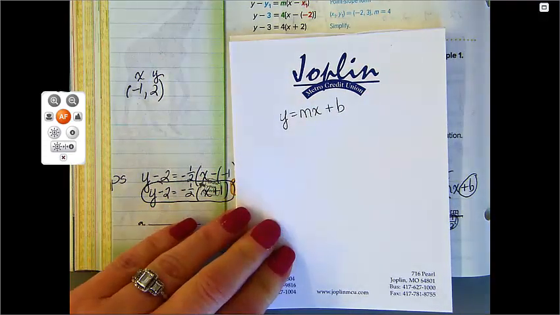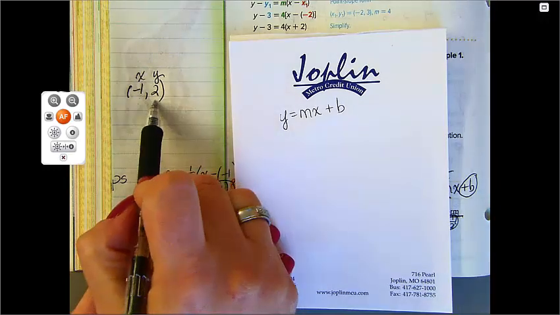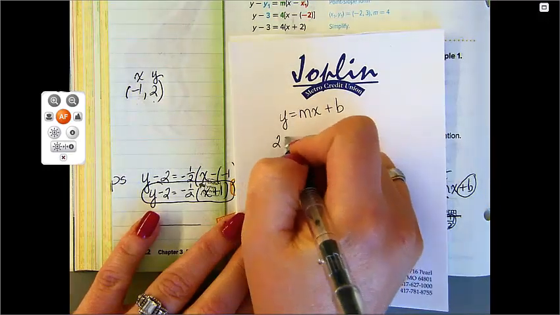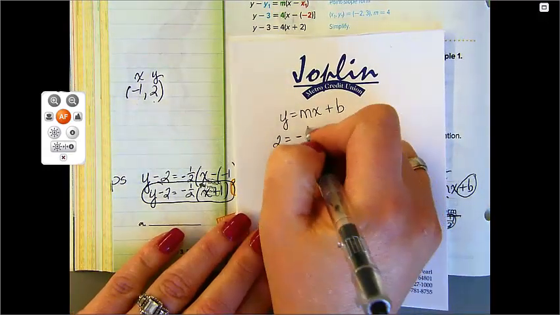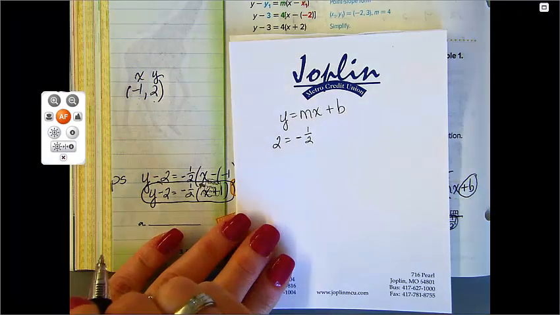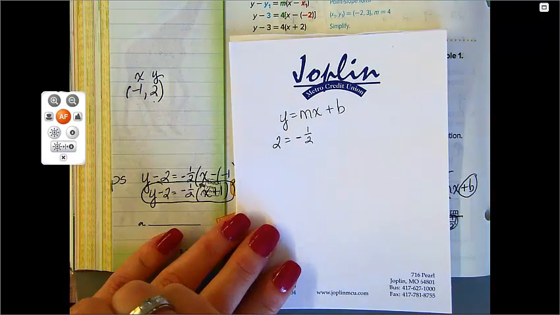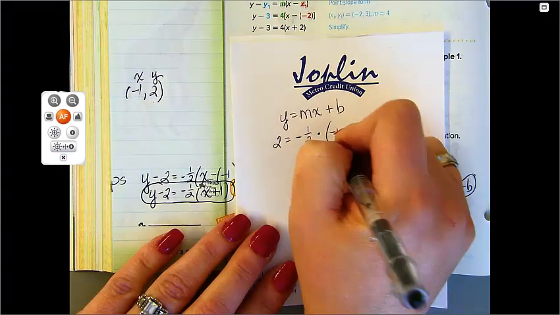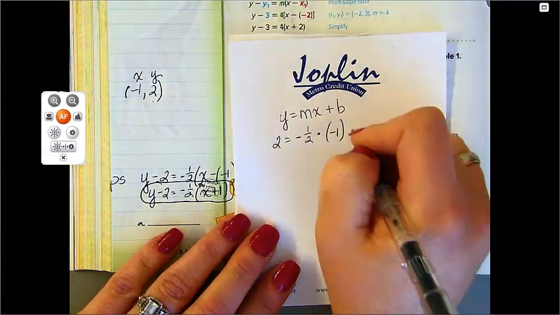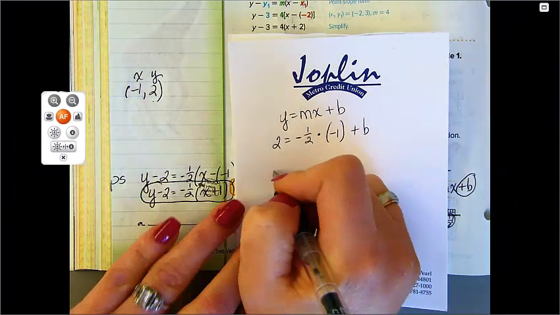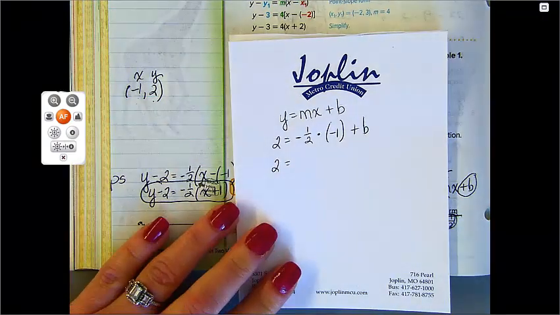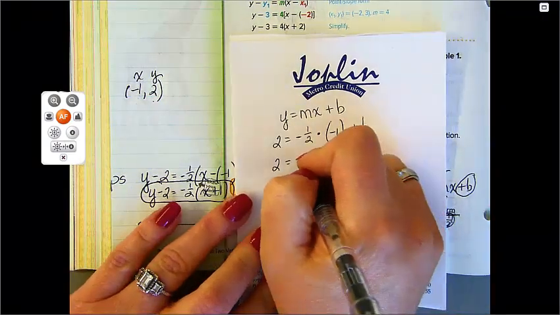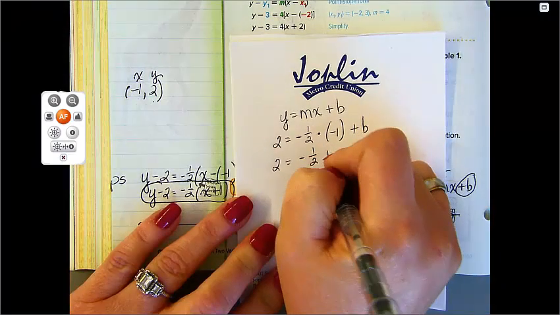And I know my y is a 2. My m is a negative 1/2 because it told me my slope is a negative 1/2. My x is a negative 1, plus b. So I have a 2 equals a negative 1/2 plus b.